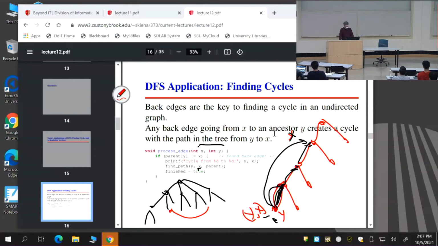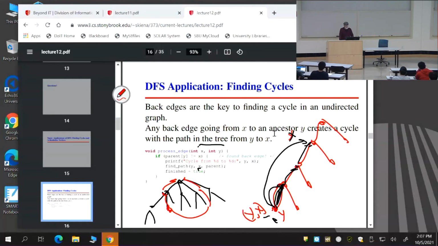Does anybody see what's happening? How would you do it? I think what you're saying is you would take a look at this and walk back on the ancestors of that, and walk back on the ancestors of that. That would define a cycle also.